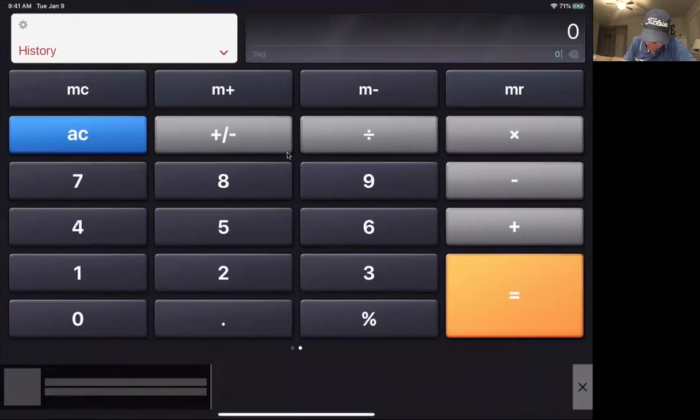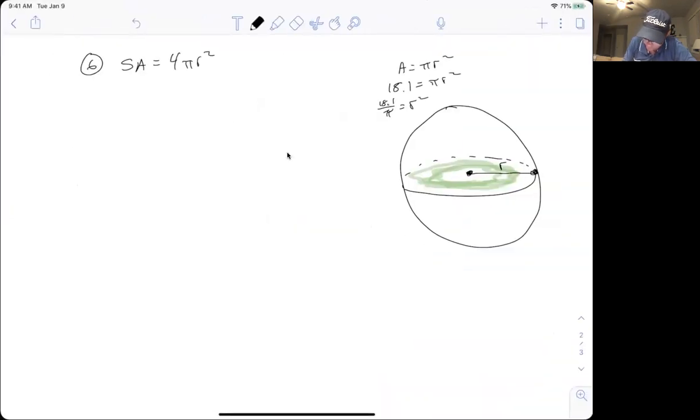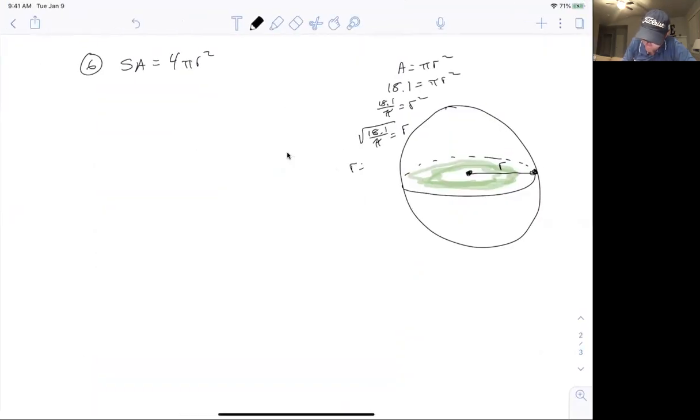Do that on the calculator. 18.1 divided by pi. I get 5.76, something like that. But I need to take the square root of that. So the square root of 18.1 over pi should give me r. So let's take the square root of that, and I get 2.4. So the radius is 2.4.